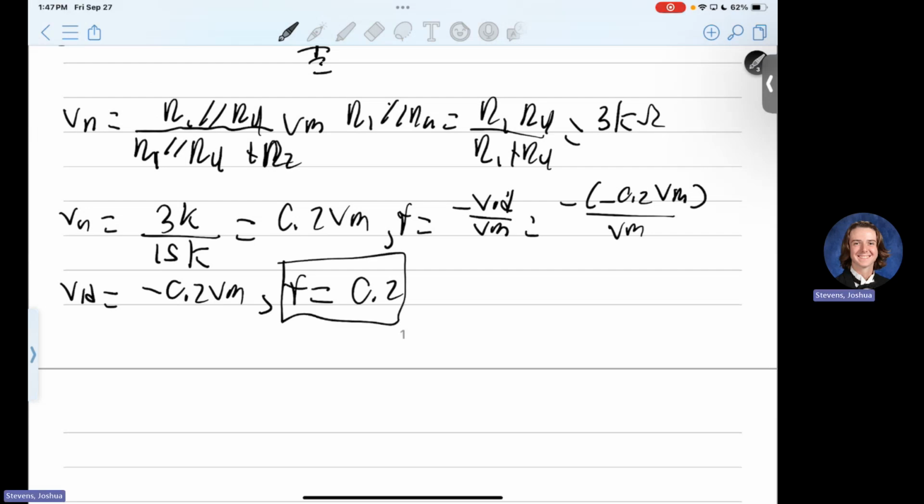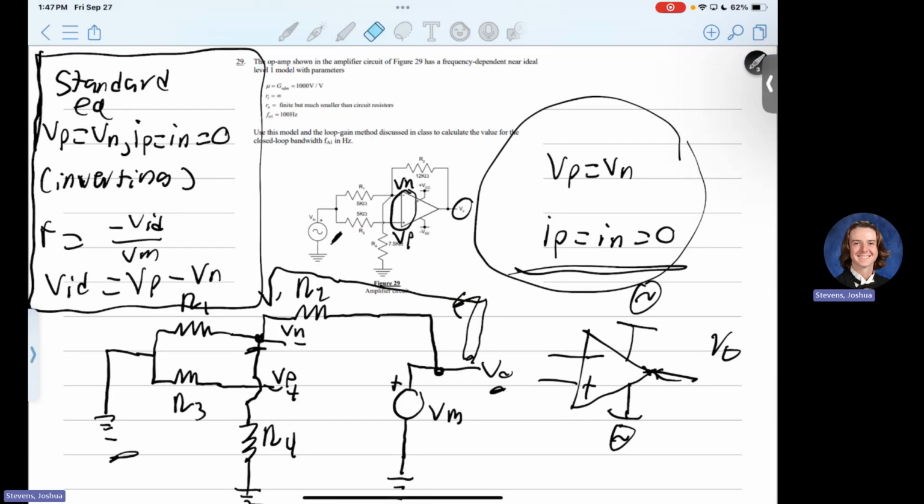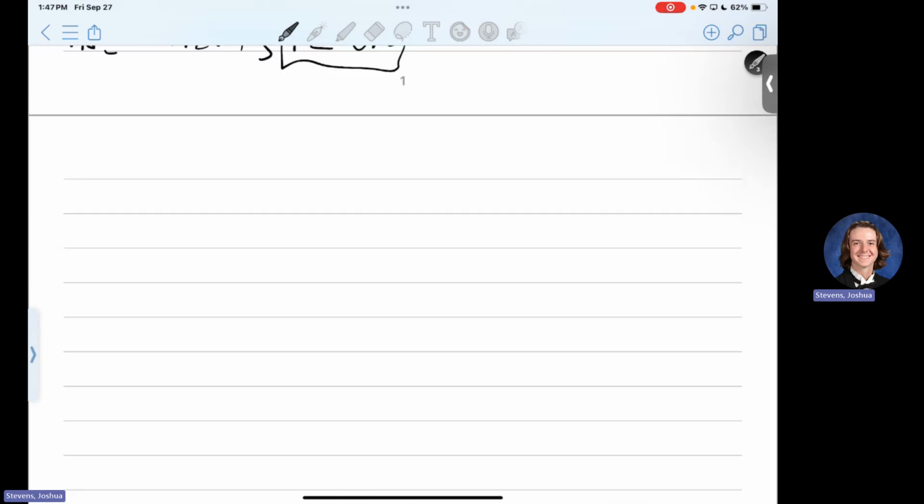Bet. Cool. Okay. So the actual problem, there's a lot of writing here, is asking us to calculate the closed loop bandwidth, A1. We still need a couple more equations to get there.